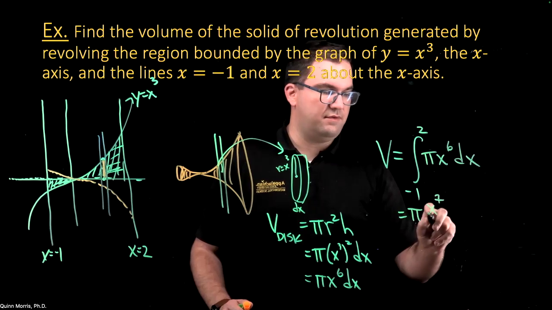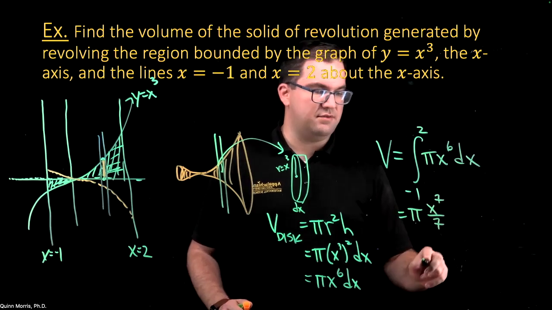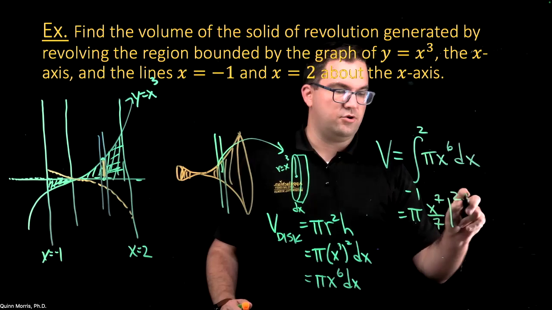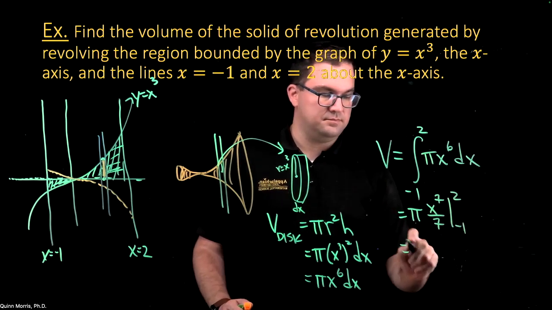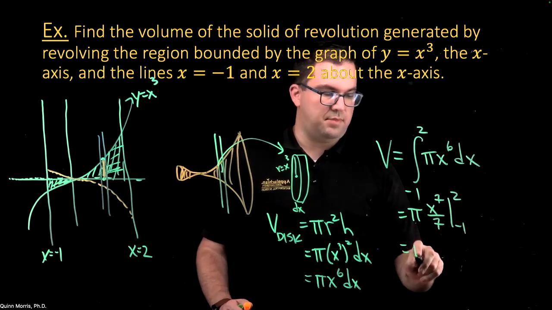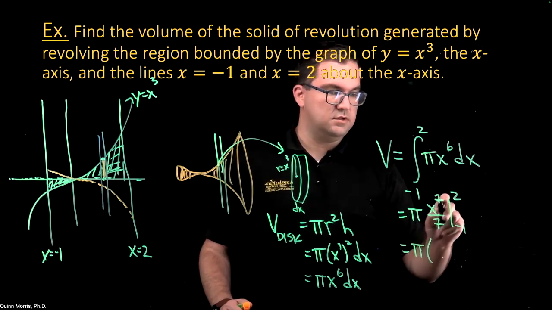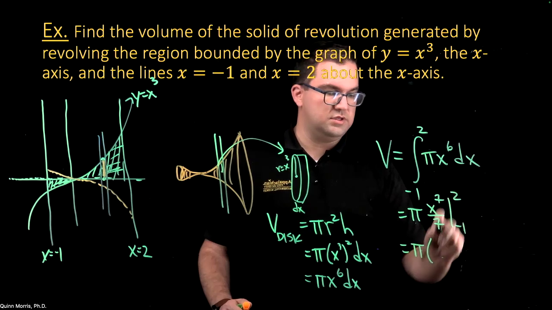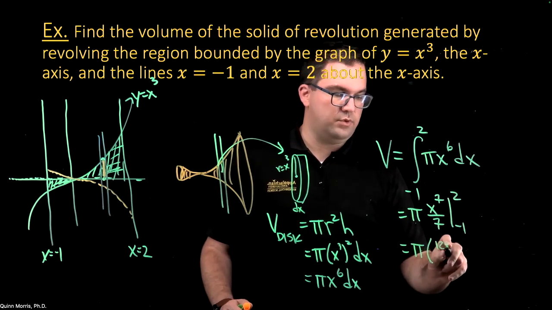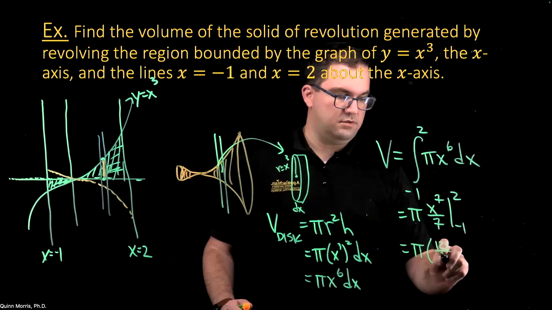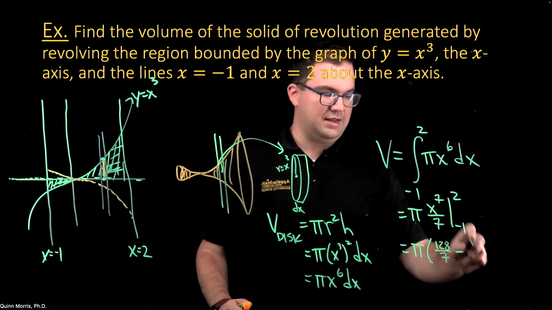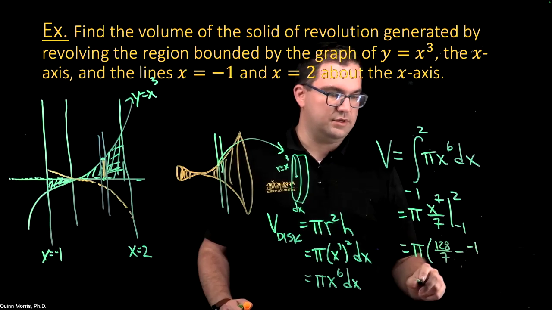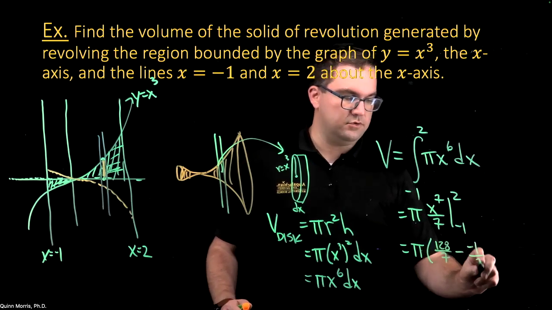The antiderivative of x to the 6th is x to the 7 over 7, evaluated at 2 and -1, and take a difference. So this is pi times 2 to the 7th, which is 128, divided by 7, minus, if I evaluate at -1, -1 to the 7th is -1 over 7.